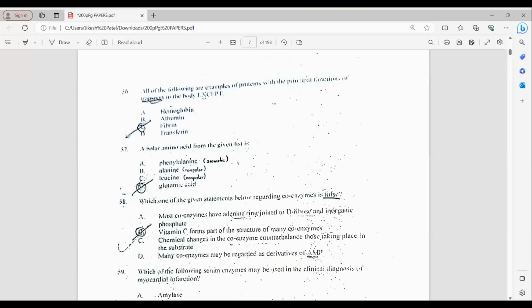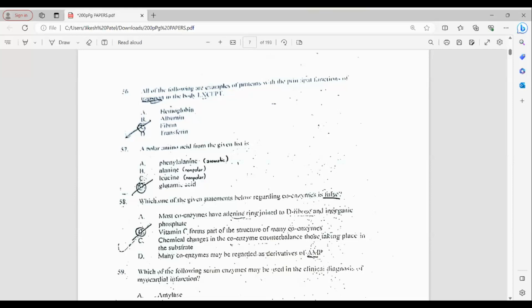For this one you can use elimination. Vitamin C is not true. When you were covering coenzymes, I think you said most coenzymes are derived from nucleotides.